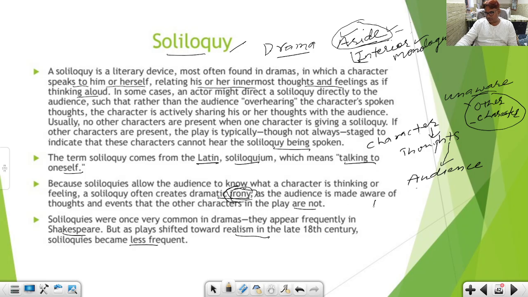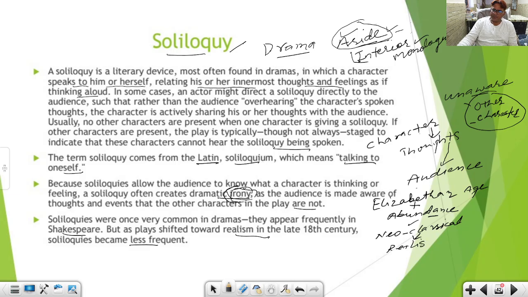Actually, during the Elizabethan age, also known as the Shakespearean age, there was an abundance of soliloquies. Okay, abundance. But as we go to the neoclassical period, that is the 18th century, we are heading to realism.